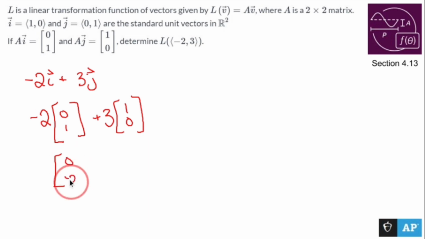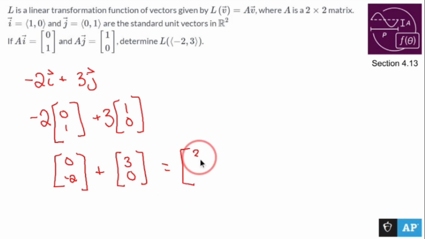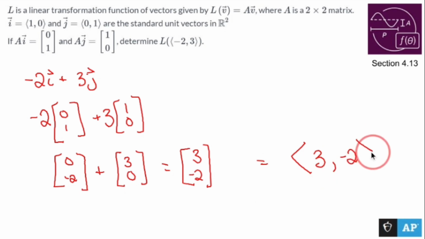Negative 2 times 1 is negative 2. Plus 3 times 1 is 3. 3 times 0 is 0. And we end up with 0 plus 3 is 3, negative 2 plus 0 is negative 2. Now, what this means is we now have a vector in component form that looks like 3, negative 2. So it's a very bizarre problem, but that turns into that.